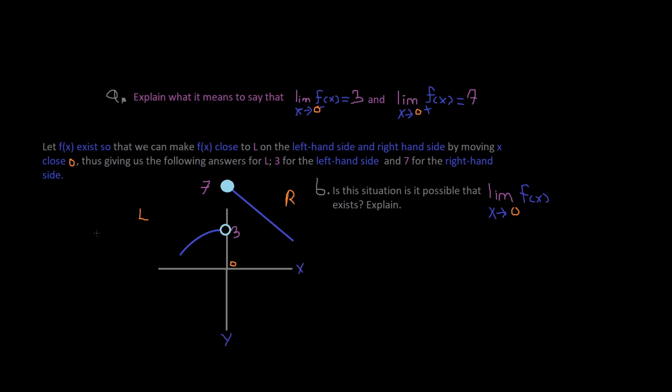Okay. So it says let the function f of x exist so that we can make the function close to L. Alright, so first thing we need to know is that we have a function, so we gotta let it exist.